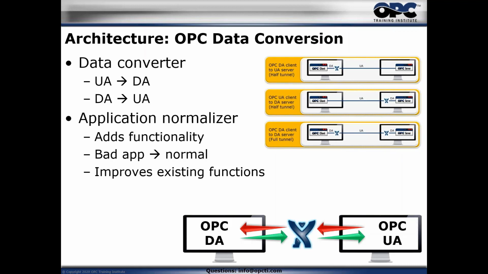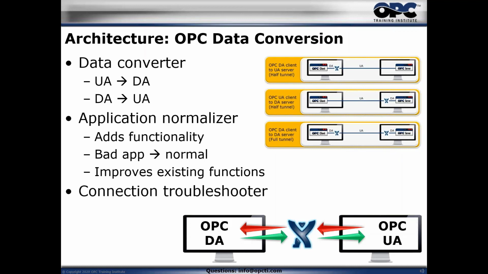So sometimes you have an OPC UA server that doesn't behave very well. That's okay. You can use this converter, which brings in OPC UA and sends out OPC UA. So it's actually UA to UA, and it normalizes applications to add maybe functionality that you're missing, to make an application that's misbehaving into a normalized application that doesn't misbehave anymore. And it improves the existing functions within your applications.